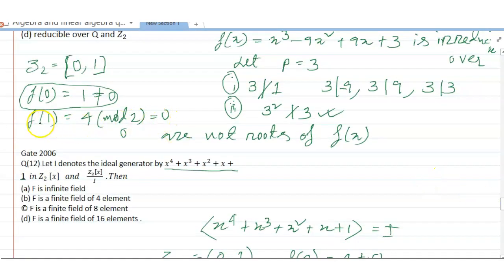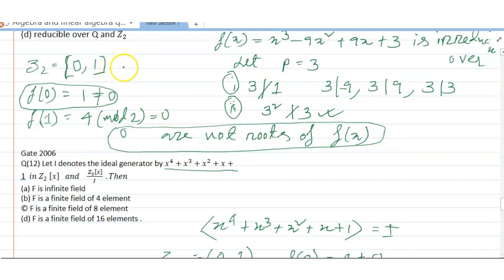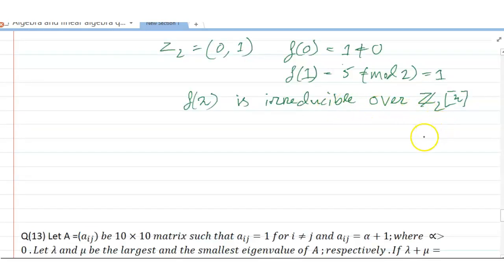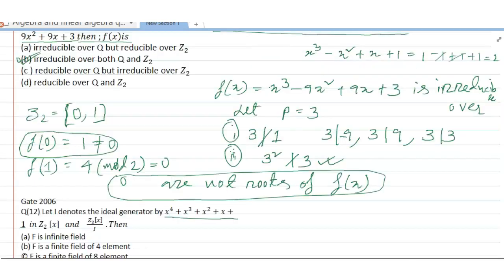Here f(1) is 0, but 0 is not a root of f(x), and 1 is also a root of f(x). So is it reducible or irreducible? Here it is clear that it is reducible over Z2[x]. So it is not irreducible, friends.